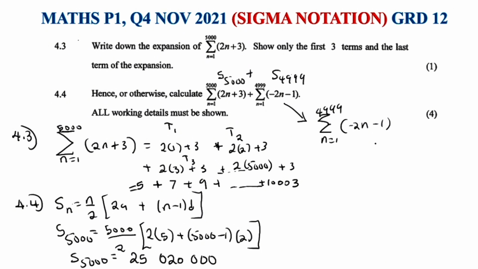Therefore here what we need to do is to find the first term when n is equal to 1. We're going to have minus 3 plus, and then when n is equal to 2, we're going to have minus 5, and therefore when n is equal to 3, when you punch in your calculator, you're going to have minus 7. So our terms are minus 3, minus 5, minus 7.